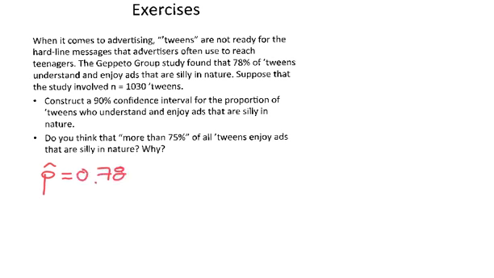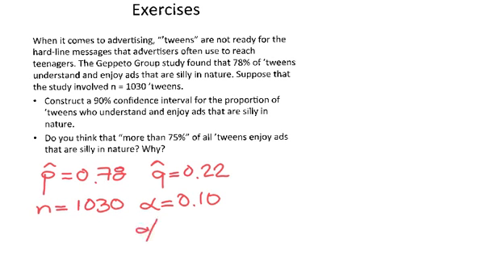Of course, q would be 0.22. And then we need n, that is 1030. We need the value of z. Alpha here is 0.10 because we need a confidence interval of 90%, and alpha half is 0.05. So we are going to look inside the table for the 0.05 to get the value of z.